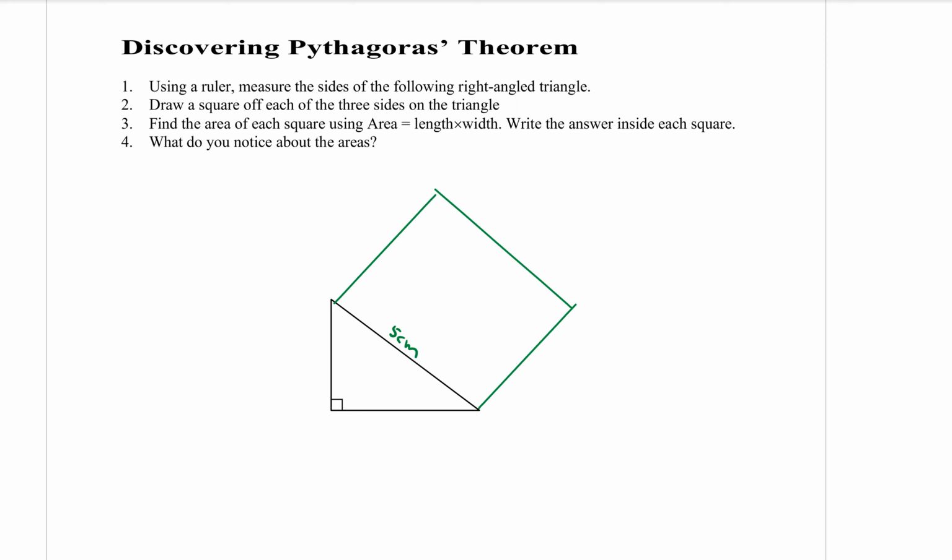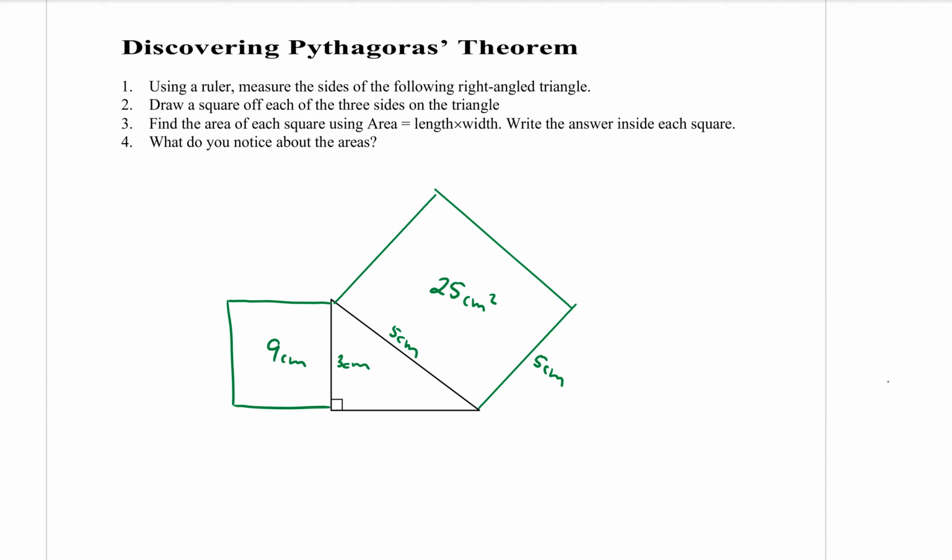The area of a square is found by timesing the side length. If it's a square, it's 5 centimeters by 5 centimeters, which means that the area of that would be 25 centimeters squared. Now this side over here, if you measure it, that's 3 centimeters. If you were to draw a square off of that, what would its area be? 3 times 3 is 9.